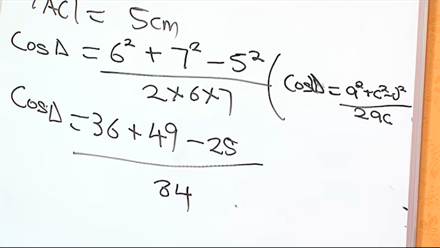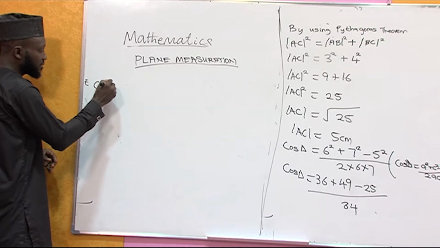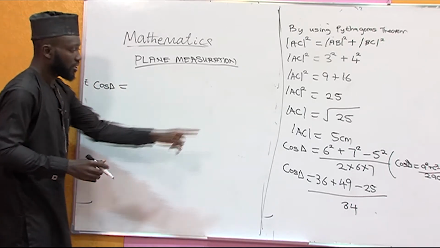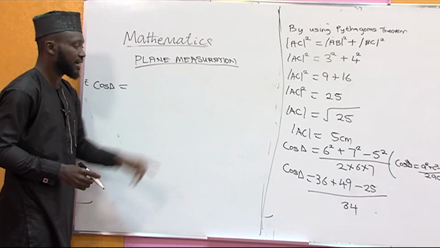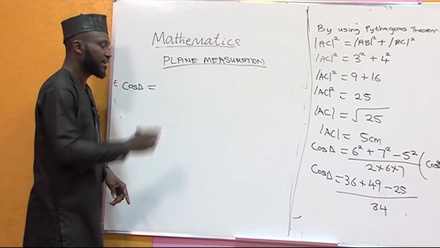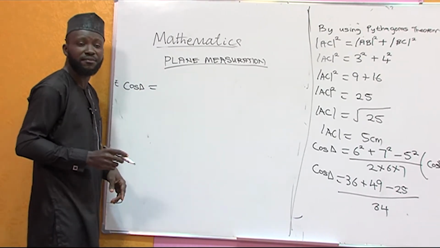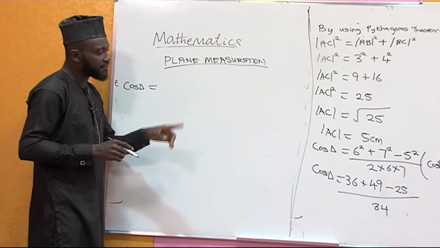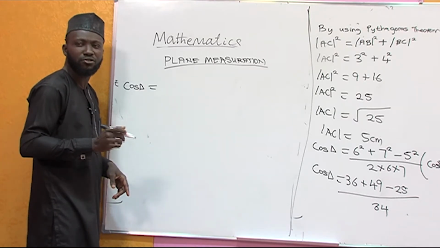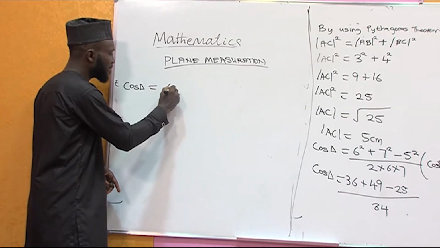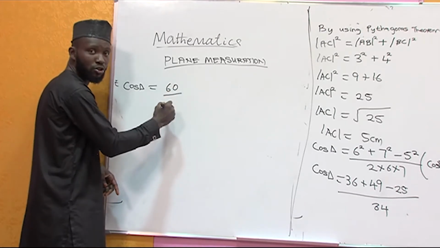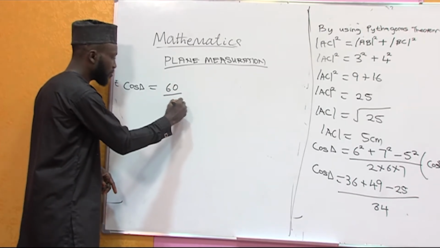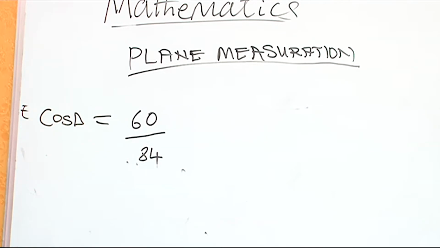Then at the end I have cos D equals 36 plus 49 minus 25. 36 plus 49 is 85. Then 85 minus 25 is 60. So that we have 60 over 84.